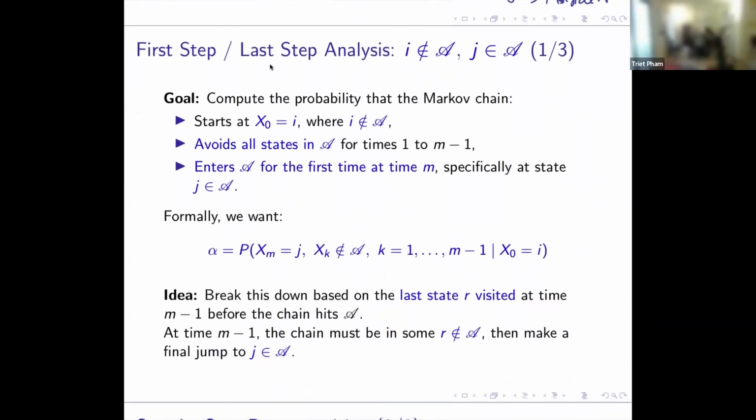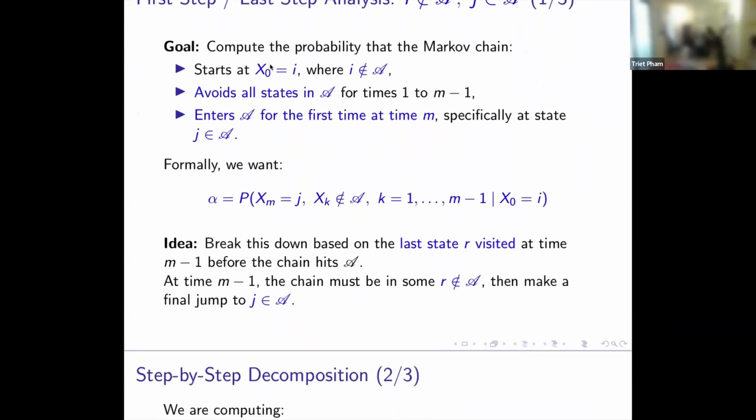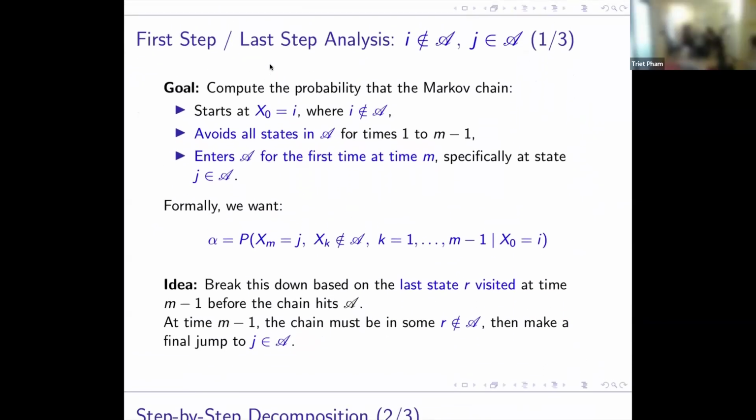First of all, I think there's some mistake here. Sorry, I did not take a look carefully. This actually will be the last step analysis. Oh, no, this is correct. I'm crazy, sorry.